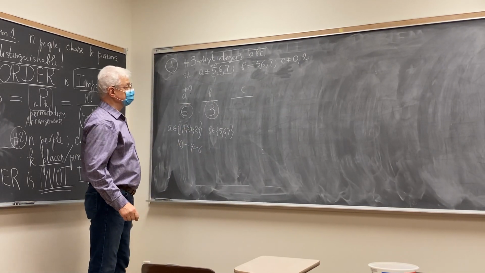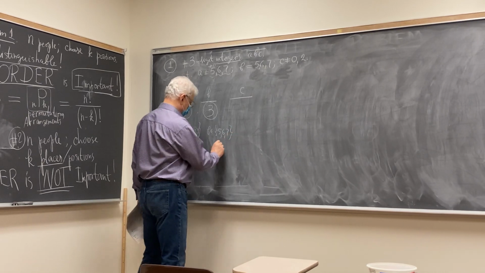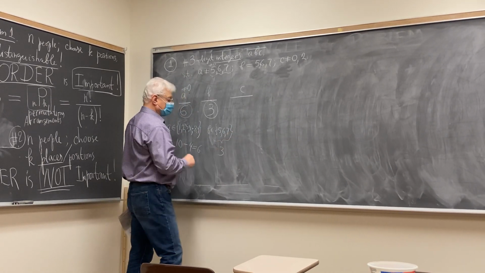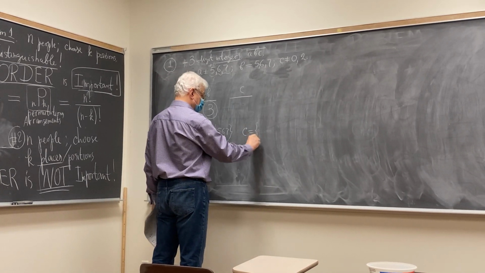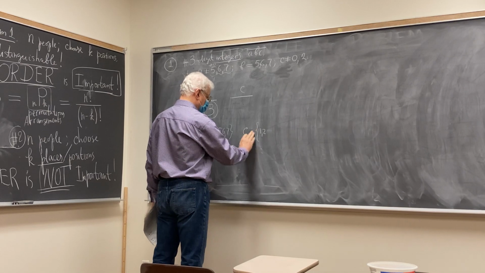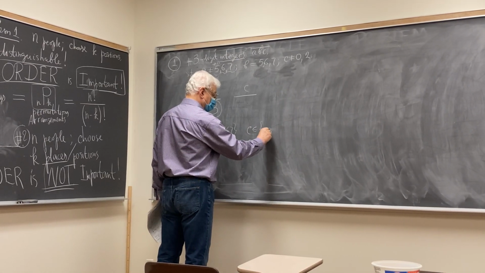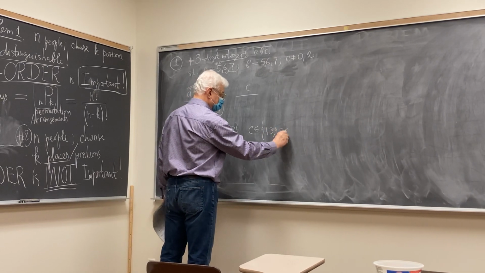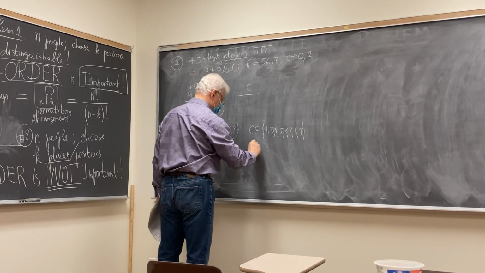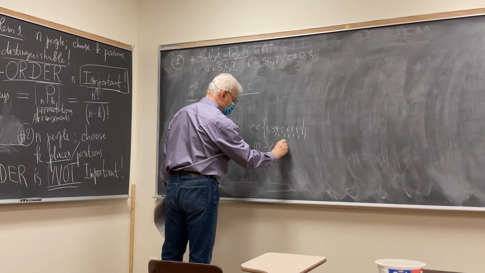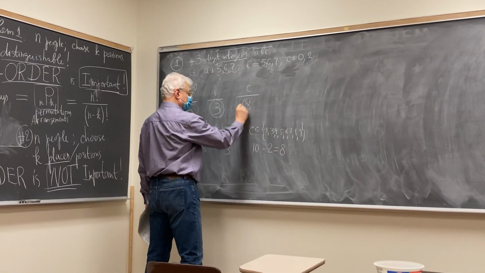And finally C is not equal to 0 or 2. So C could be 1, 3, 4, 5, 6, 7, 8, and 9, while 0 and 2 cannot happen. So 10 minus 2 will be 8 possibilities.